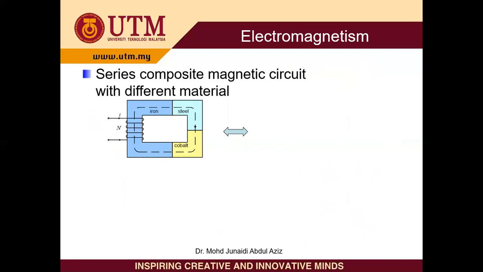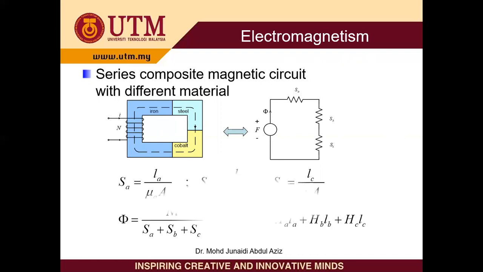And this is the equivalent circuit when you have several magnetic materials, a composite, meaning that some part is iron, some part is steel, and some part is cobalt. We can represent it as a series circuit with different resistor values.